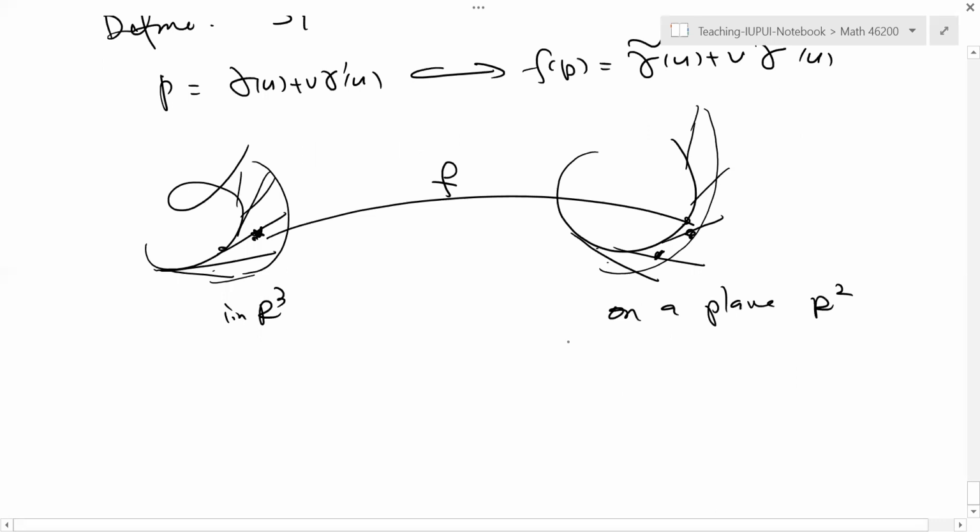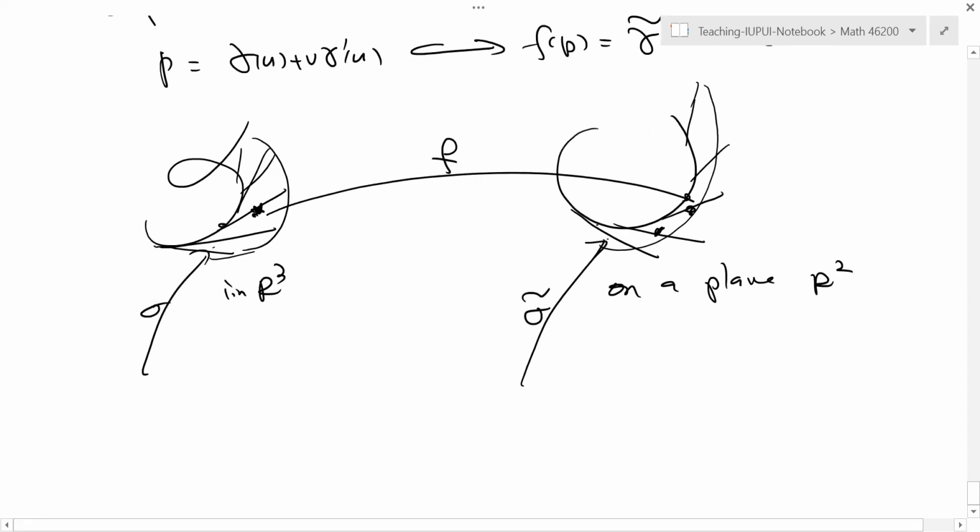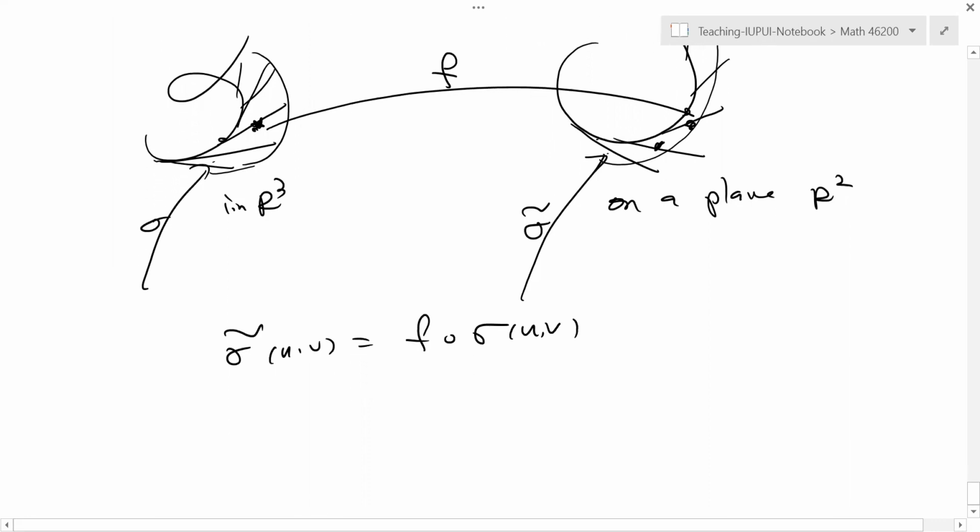So in other words, if this is the map sigma tilde and this is the map sigma, by the definition, sigma tilde(u, v) is just f circle sigma(u, v). What that tells you is they have the same first fundamental form.